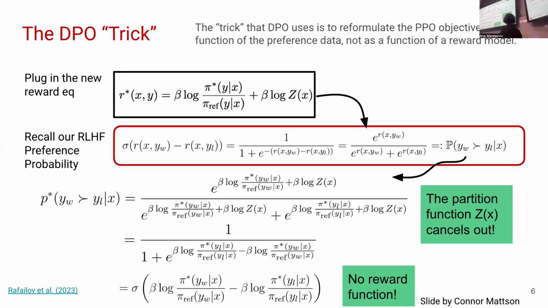So this is just me factoring out this term. I can do this, right? And then I can divide both the numerator and denominator by this term, e to the beta log of winning, winning. If I divide both, that's not doing anything.